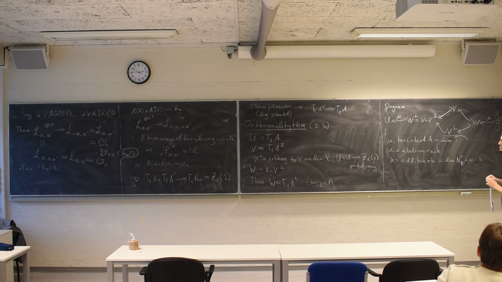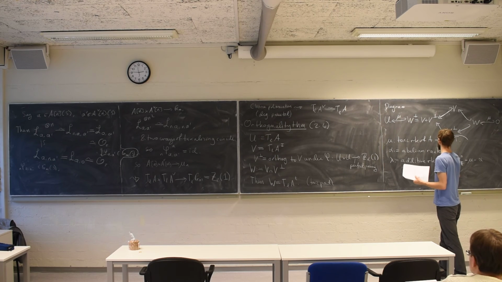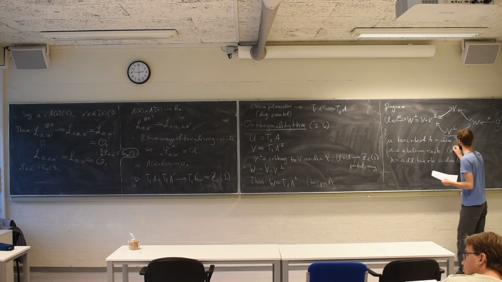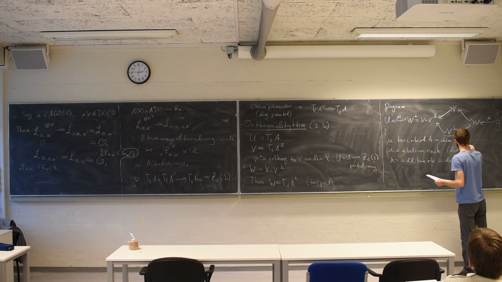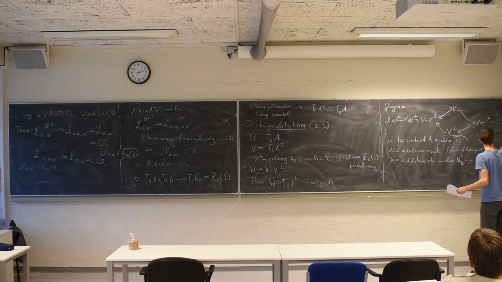Then we have the abelian part. There's also a largest abelian quotient, and that has a dimension, and that's called the abelian rank: the dimension of the largest abelian quotient of N0F.